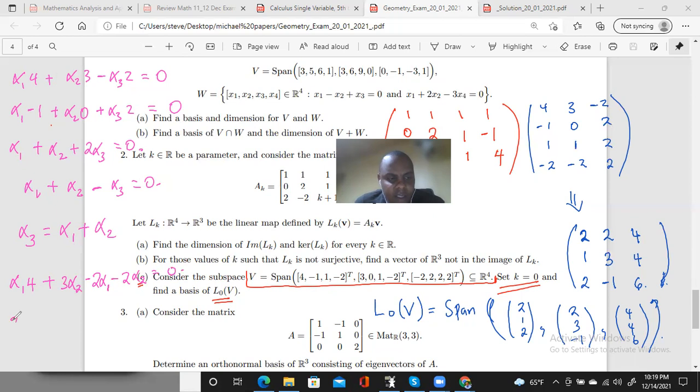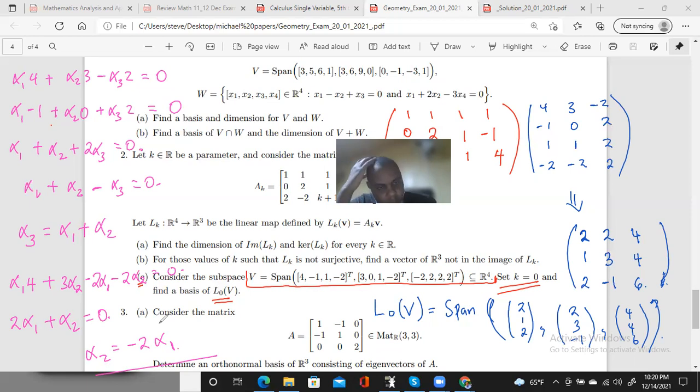So this means that 2 alpha 1 plus alpha 2 equals 0. And so we know that alpha 2 equals negative 2 alpha 1. Then we do the same with the other one.